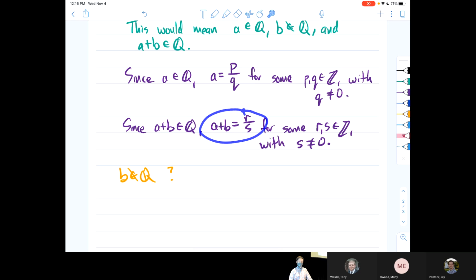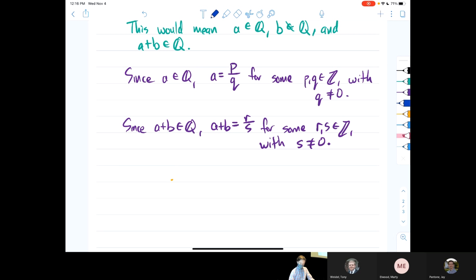We've got a fraction minus a fraction, and that's going to tell us B is a fraction. But we're assuming B is not a fraction. Now we've got a logical contradiction. I'll write this all in a second, but we've got B not being a fraction, and B being a fraction. Those are opposites. They can't both be true at the same time. Let's try to write this out, and then I'll ask if you guys have any questions.